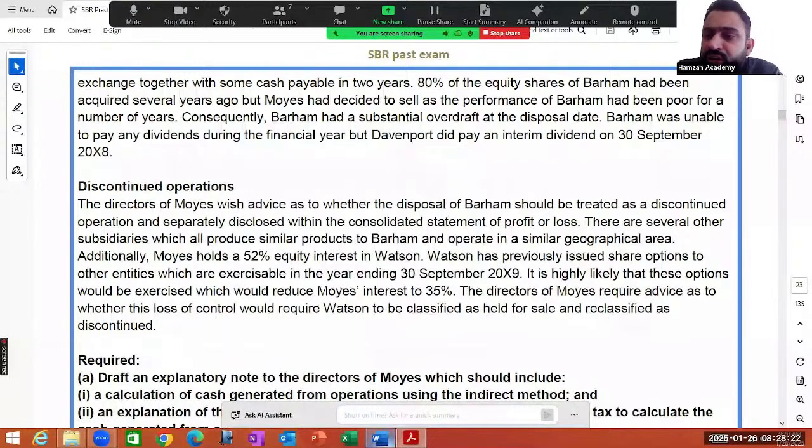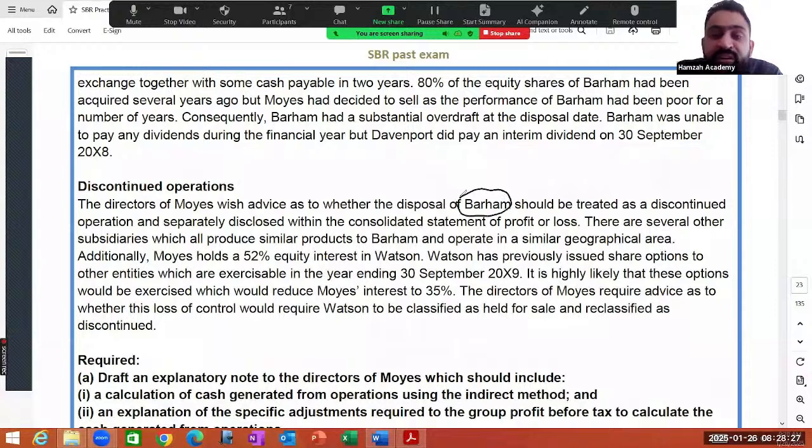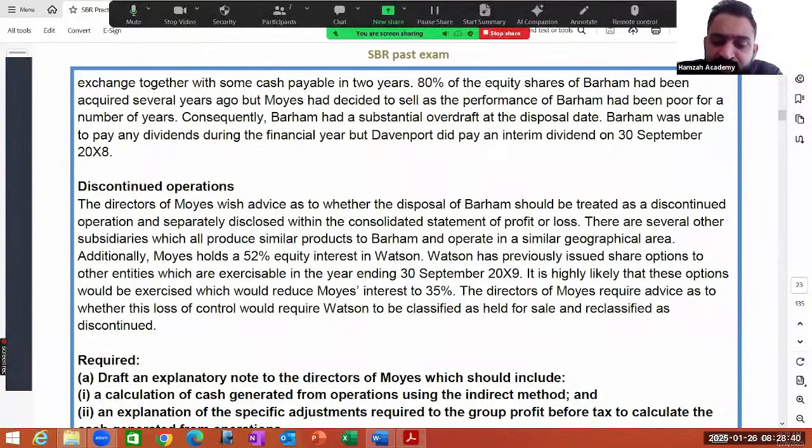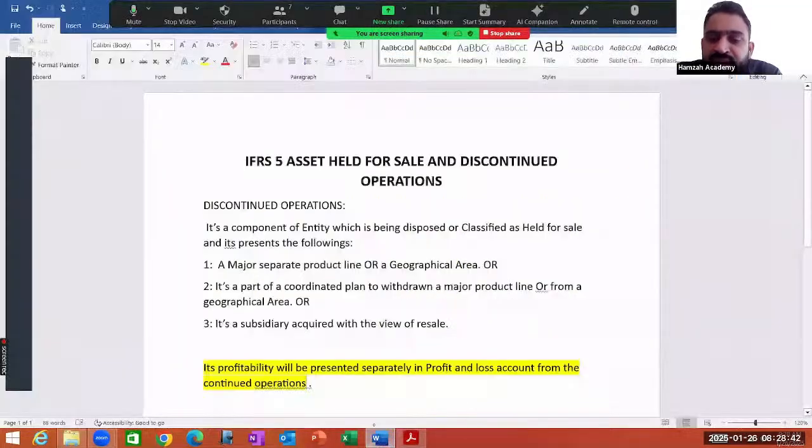if we talk about Barham company, and the requirement relating to Barham, can it be classified as a discontinued operation? Now, in order to be a discontinued operation, it should be a major separate product line or geographical area, or it should be part of a co-ordinated plan to withdraw from a major product line or geographical area, or it should be a subsidiary acquired with a view to resale.